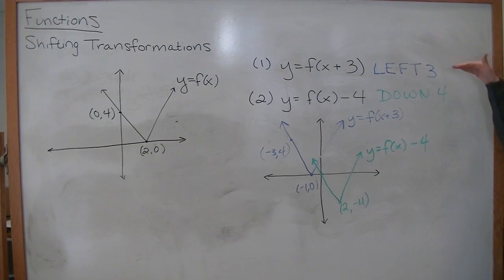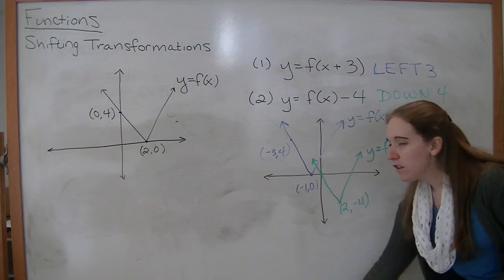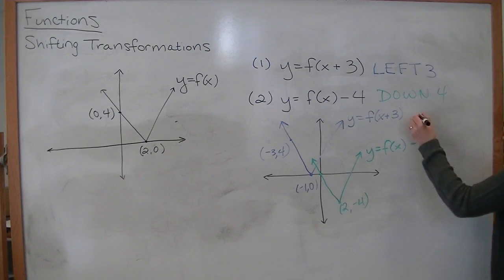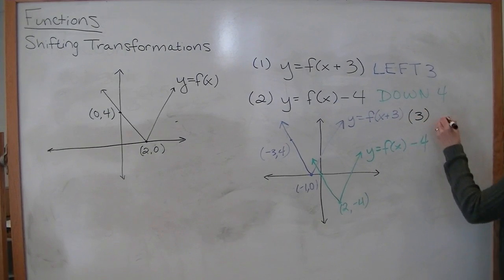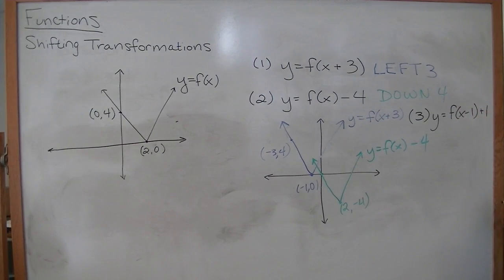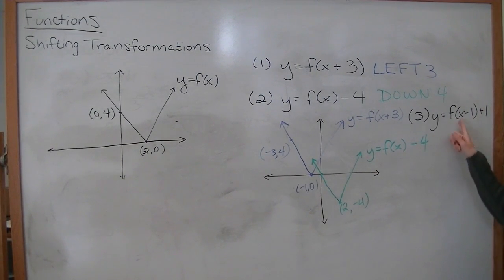So here we had one horizontal shift and one vertical shift. We moved one to the left 3, we moved the other one down 4. So let's investigate a little bit what will happen if we actually do both at once. So for our third example, let's think about what happens if we have y equals f of x minus 1 plus 1. So in this case, we're shifting both our input and our output.